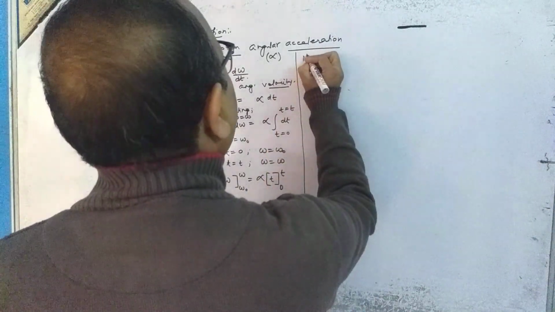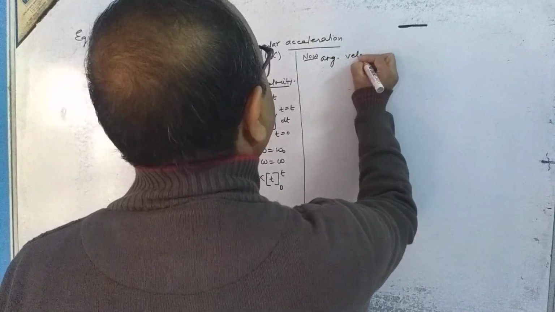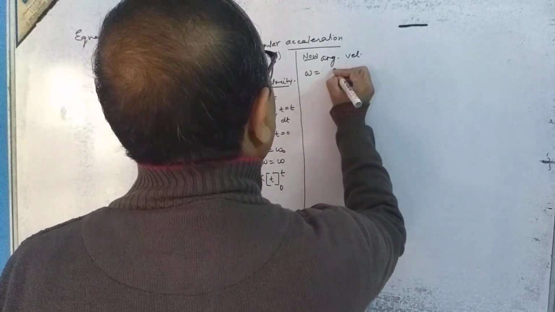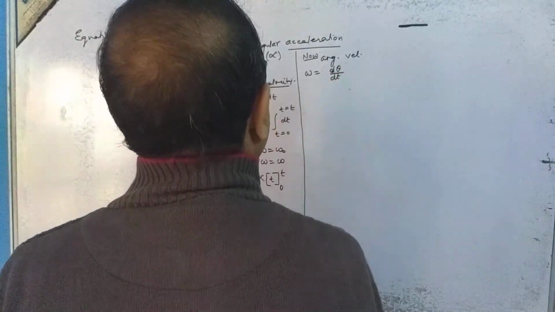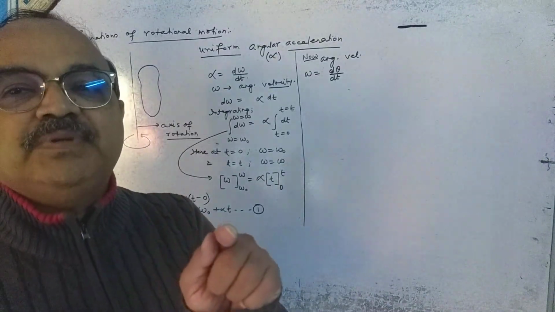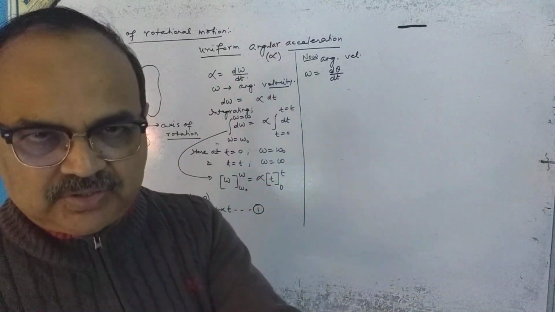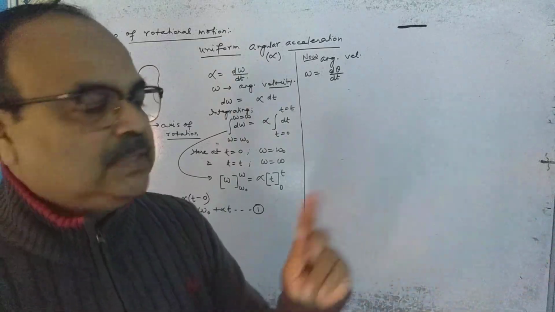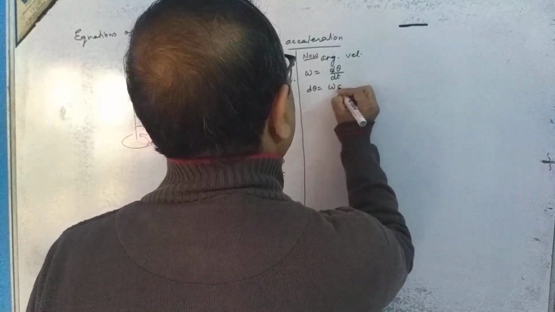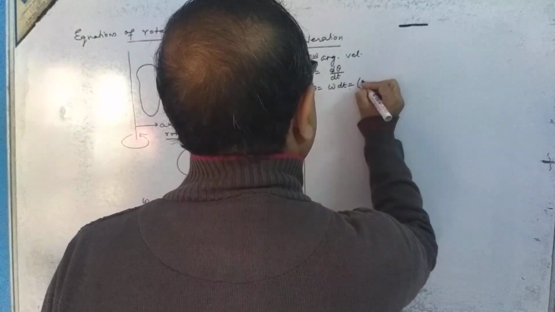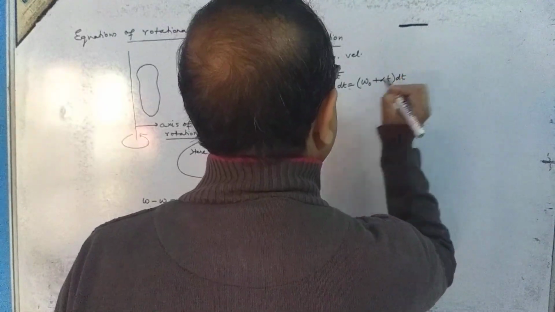Now angular velocity omega is equal to d theta by dt. What is theta? Theta is the angular displacement. The rate of change of angular displacement is the angular velocity. So d theta must be omega dt, which is omega naught plus alpha t dt.